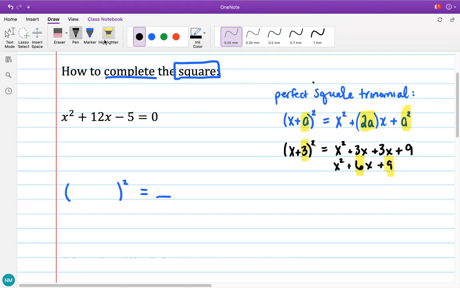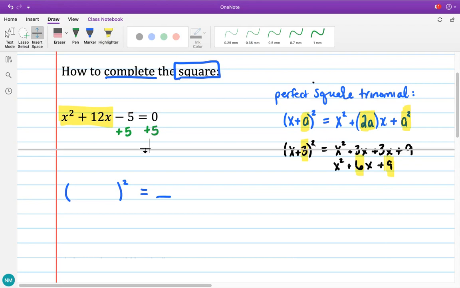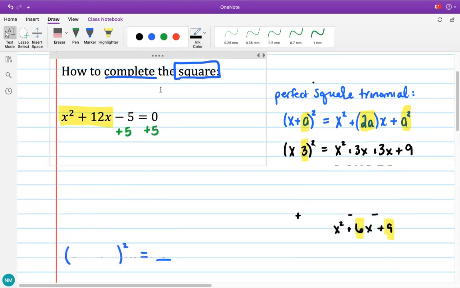The first thing I want to do is isolate my variables. So I'm going to get rid of this, so I'm going to do plus 5 and bring this over here.